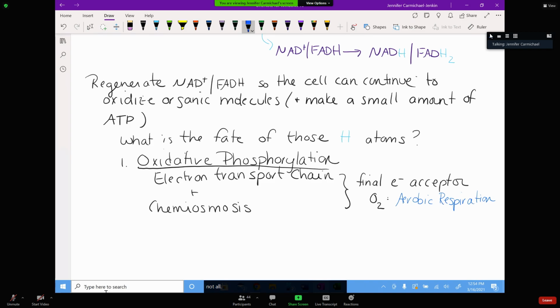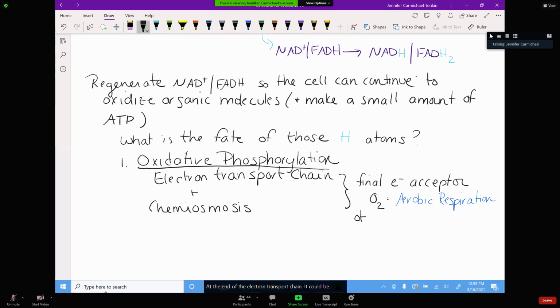Not all life utilizes aerobic respiration. There is diversity in metabolic needs across life, and bacteria have the most diverse. I'm going to give you some other examples here. It doesn't have to be oxygen at the end of the electron transport chain.